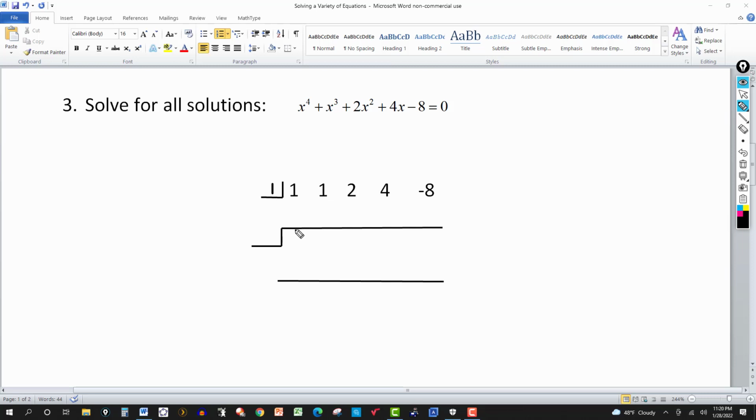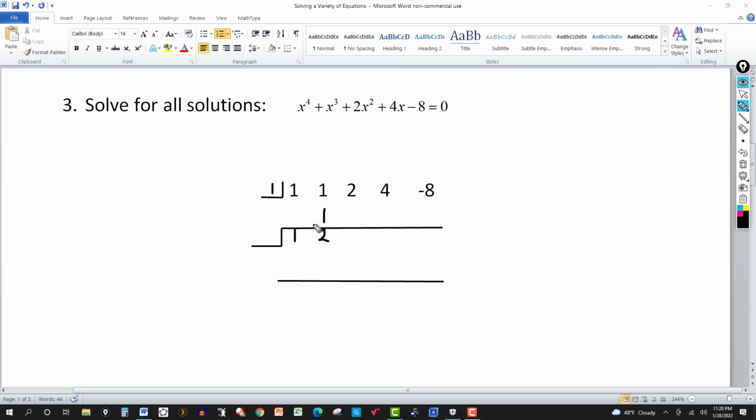So I'm using synthetic division. When I put a 1 here and do this operation, I'm actually dividing this polynomial by x minus 1. And that's, of course, reducing it from a 4th degree to a 3rd degree. So we go 1 times 1, and then we bring it over to the next column. We'll put it here. Then 1 and 1 is 2.